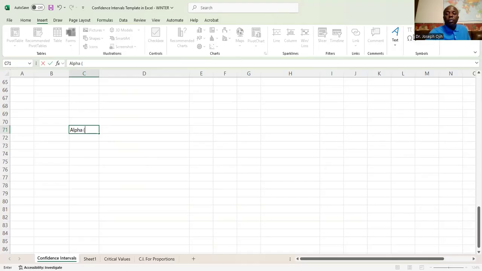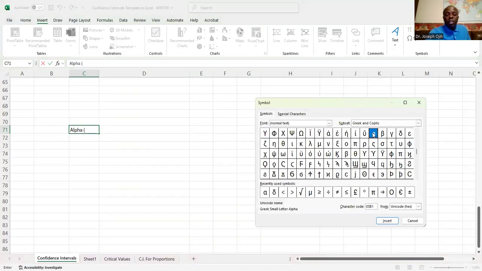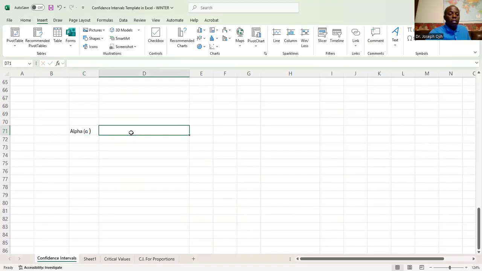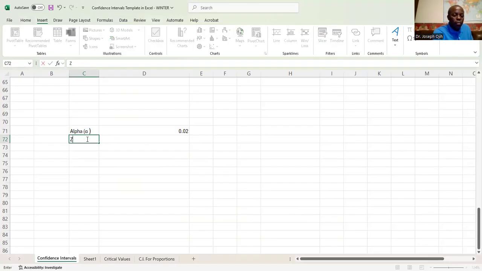I'll put this symbol. We have it before. You just want to refresh your memory so you can remember how to calculate it. Because it's 98%, your chance of being wrong is 2%, which is 0.02. So that the critical value z alpha over 2.